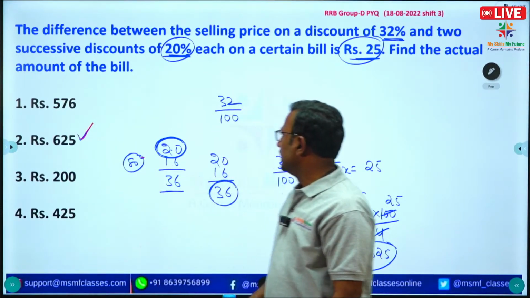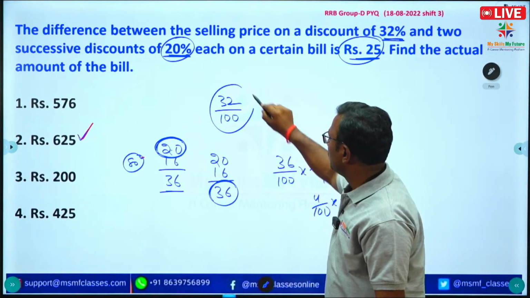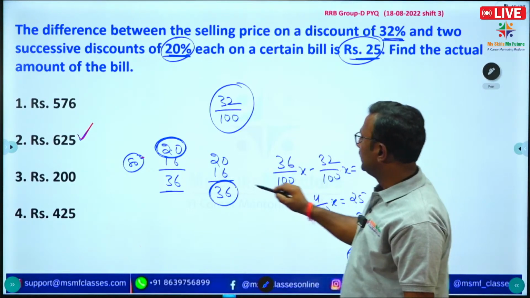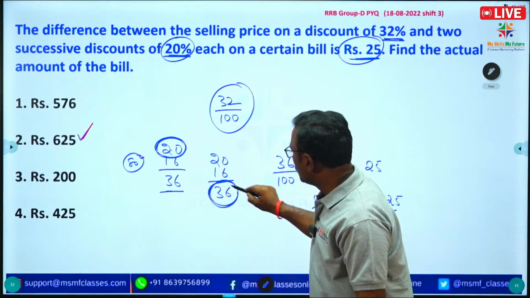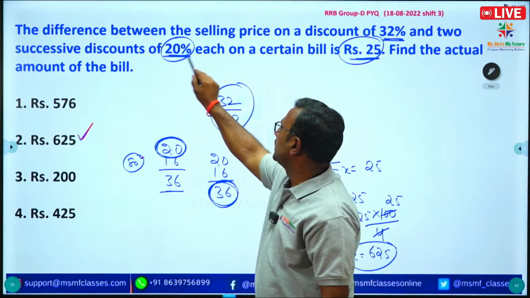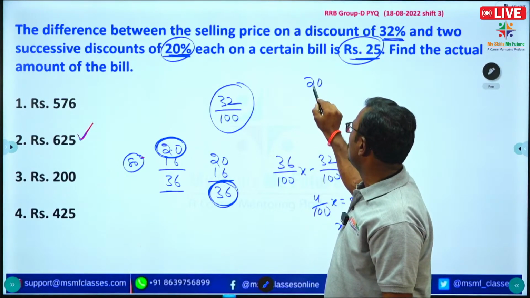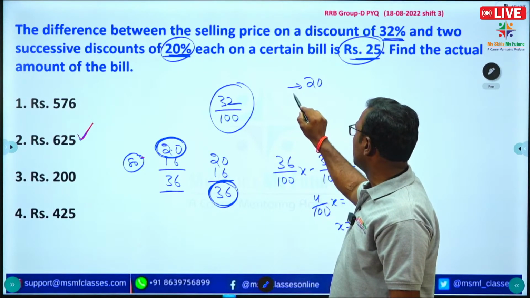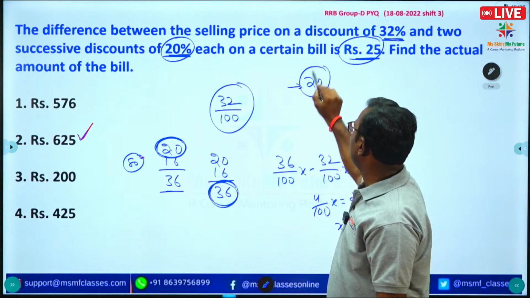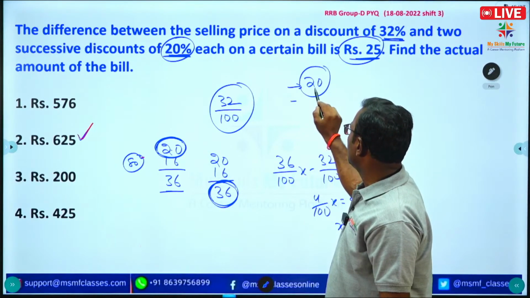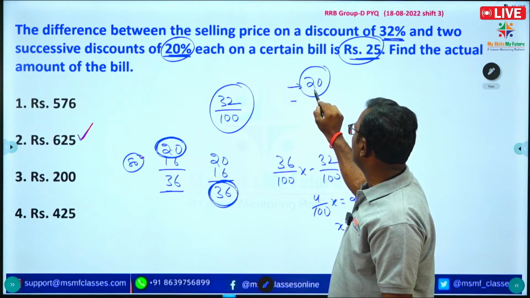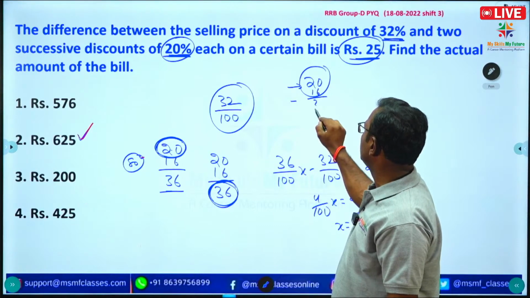Once again, see here they gave the 32% discount and here 36% is the two successive discounts of 20%. So 20% successive, first is 20%. So give the discount after 20%, means just subtract 20% of 20, we get 16. So 36%.